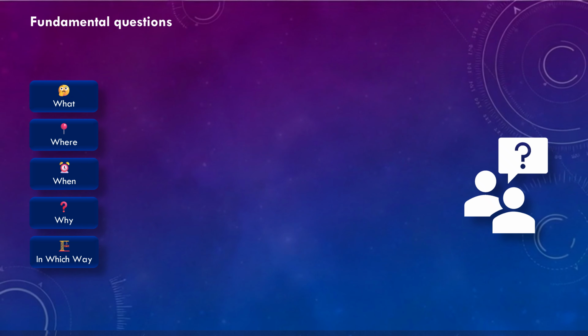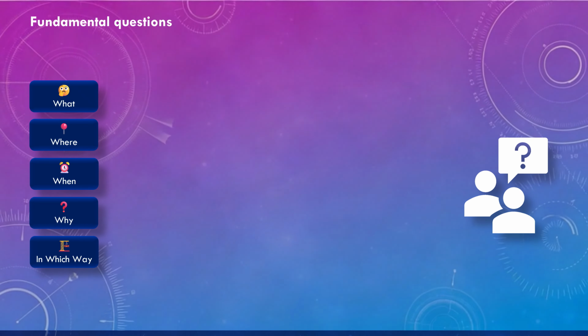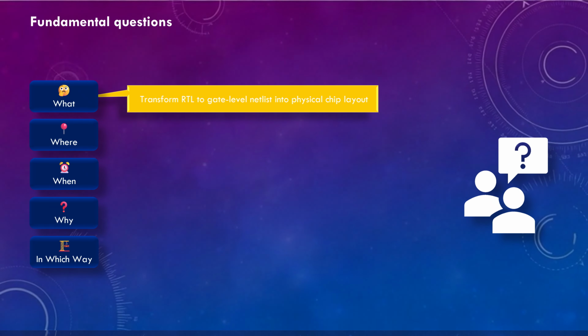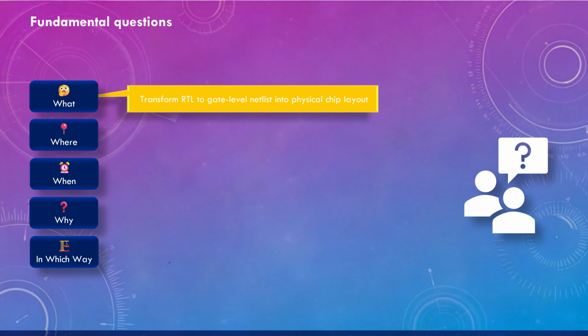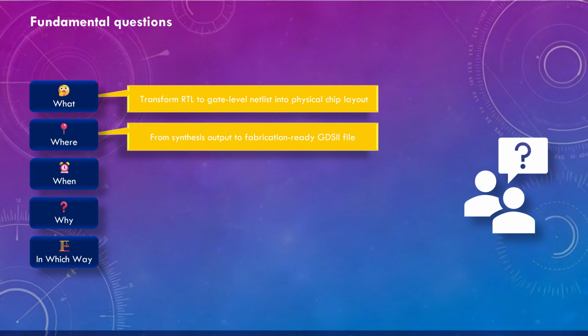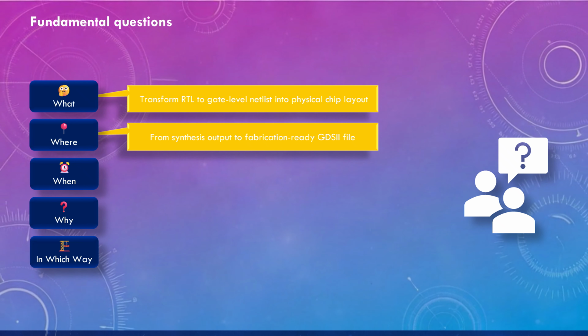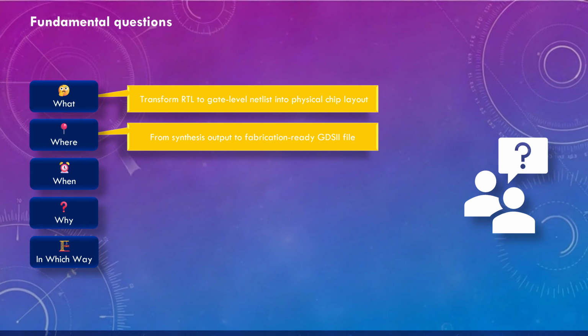Let's break down these 7 stages using the 5 W's framework. Before we dive into the steps, let's answer the fundamental questions. What is physical design? Transforming the RTL gate-level netlist into a physical chip layout that a fabrication team can manufacture. Where? It happens from synthesis output to the final GDSII file. That's the file the fabrication team needs.